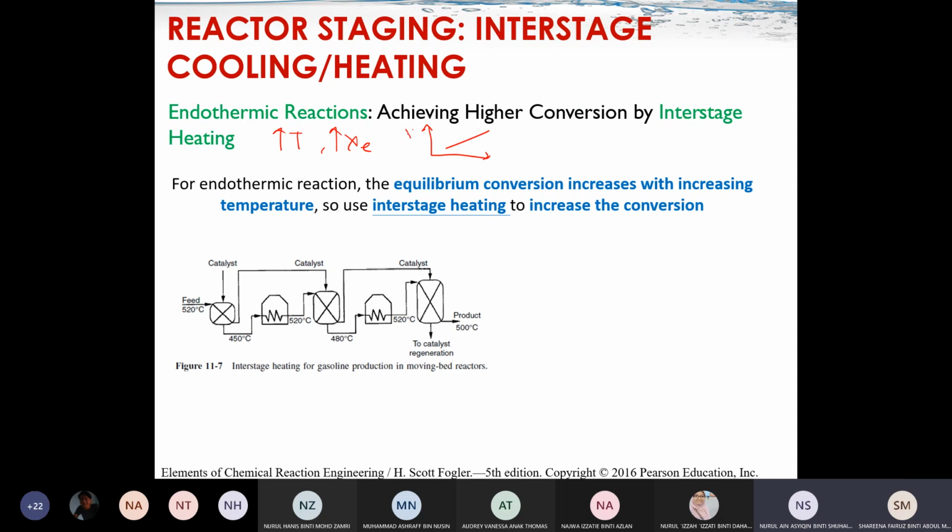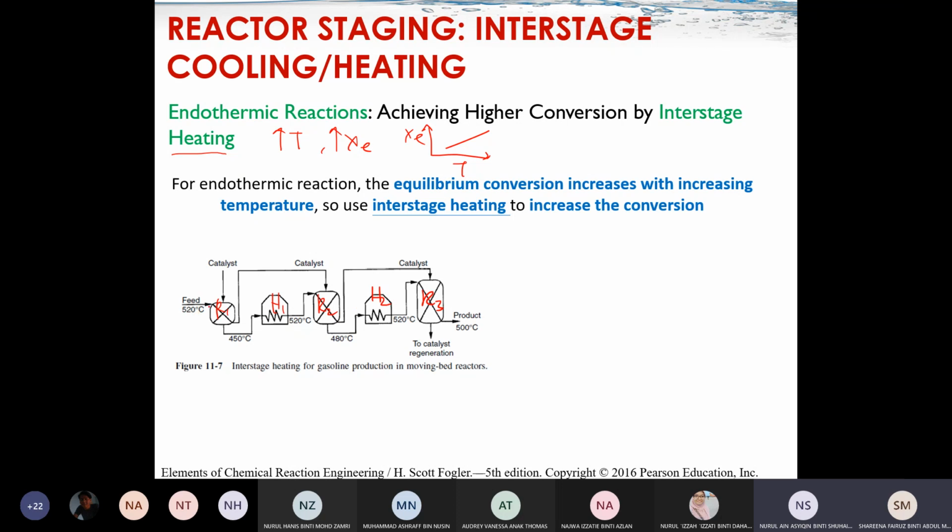We have XE against T, and it needs a high X at a high temperature. So what you need is to place a heater in between the reactors. This one we label as R1 to reactor 3, and this is heater 1 and heater 2. As you can see, the feed starts at 520 degrees Celsius.